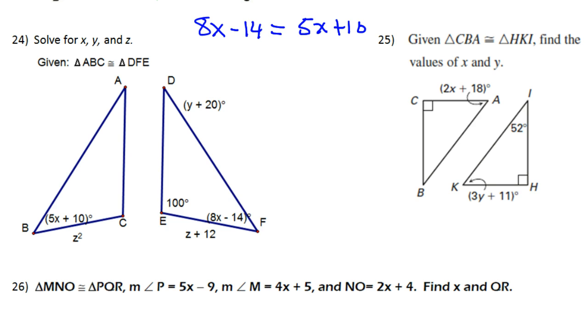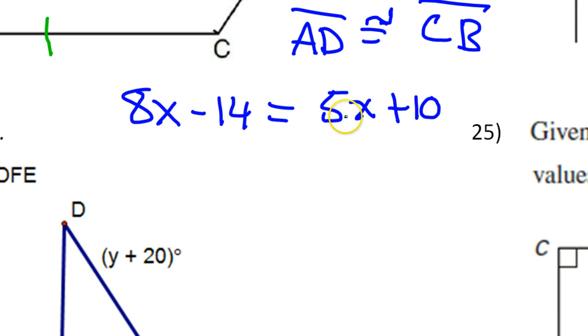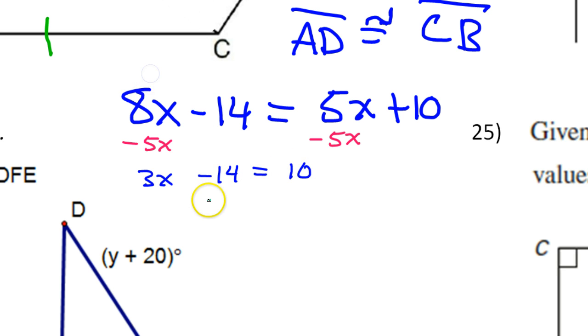Let me zoom in. All right, to solve this, we need to get the x's together. So let us subtract 5x from both sides. So that's going to give us 3x minus 14 is equal to 10. Let us then add 14 to both sides.